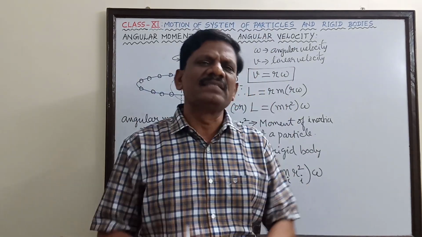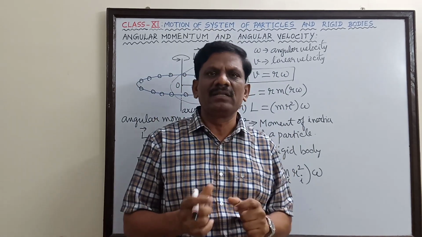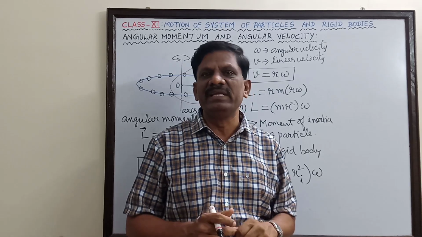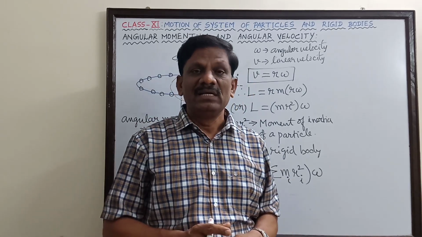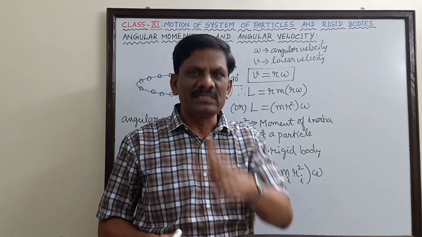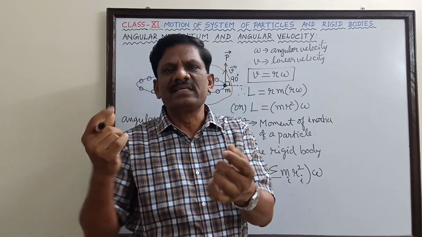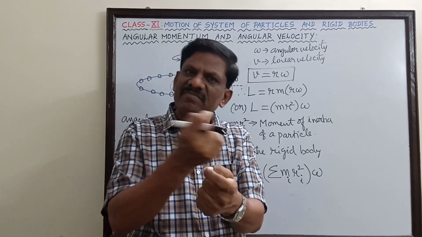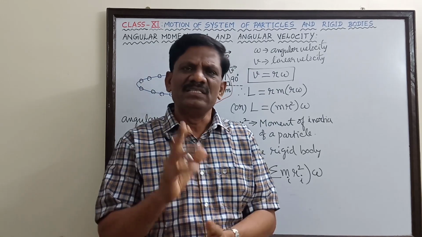Here one very interesting fact you should understand. The linear speed, the magnitude of the linear velocity v, will be different for different particles. But the angular velocity omega is always constant. All particles describe different circles of different circumferences in the same time, so their linear speeds will be different.